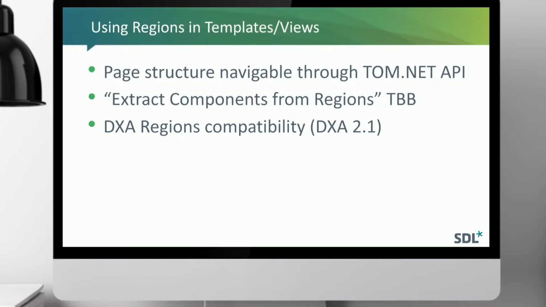In templates, if you want to do stuff with the region structure, you can use the Tom.NET API to navigate the structure and know in which region the components are. If you're using Dreamweaver templating, which we will slowly want to move away from, we also provide a new TBB that helps you use regions in a Dreamweaver template.